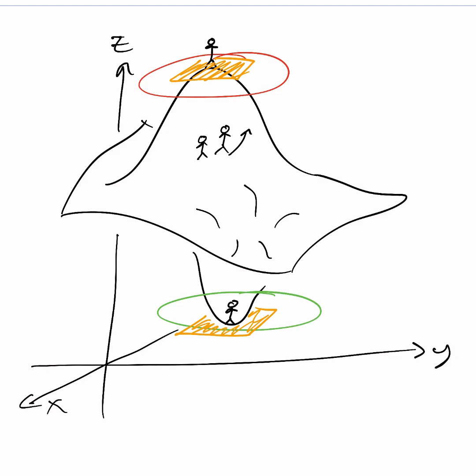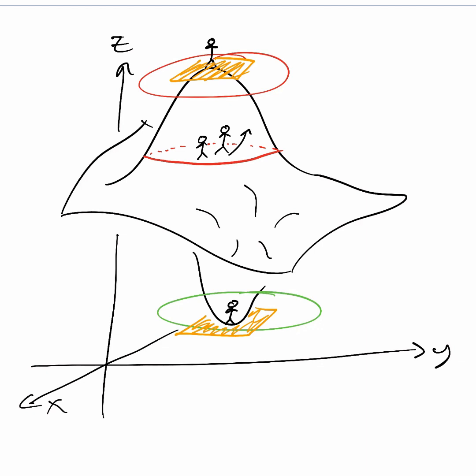So imagine this curve on our hike on Bishop Peak. On the surface, that curve of red points is at constant z value.